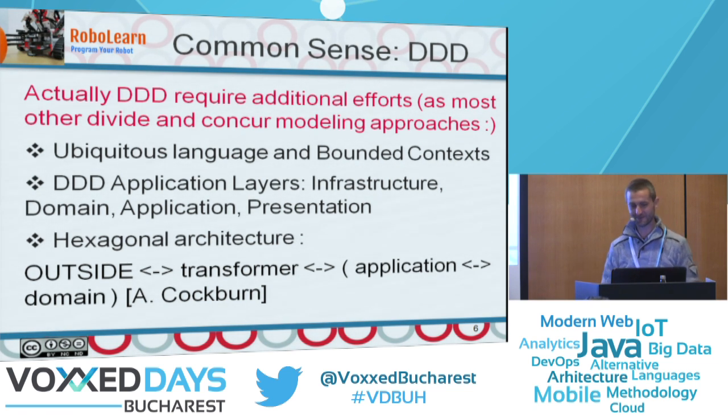How do we do this? First of all, in order to have separation of concerns, we introduce even more concerns. This is normal. In most modeling approaches, you have to do some work in order to make a separation clean. You have to provide clean interfaces.